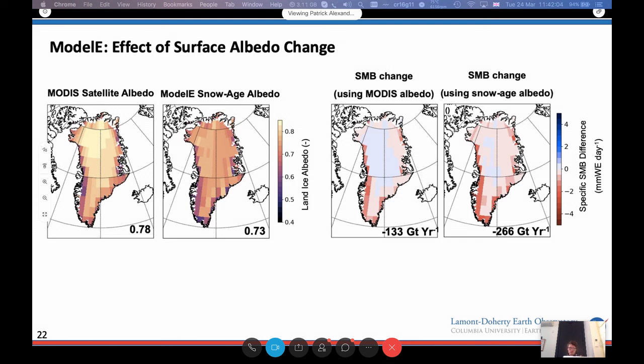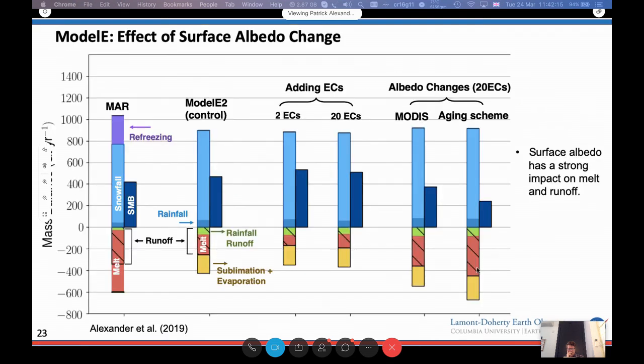And so again, in the bar plot, you can see that when we use MODIS albedo with this no aging scheme, we get considerably more melt and considerably more runoff in those simulations. And that also reduces surface mass balance quite a bit.